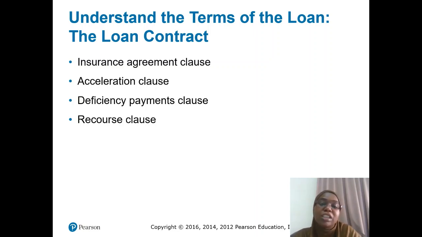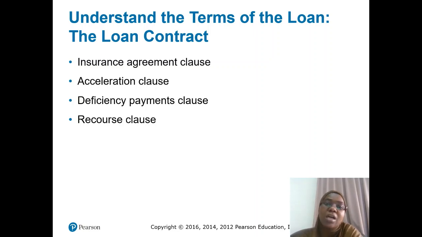The last one is the recourse clause, and this defines what actions the lender can take in order to claim money from you in case you default. It's going to state whatever rights the contract gives, whatever you've agreed that the lender can do to claim money from you.